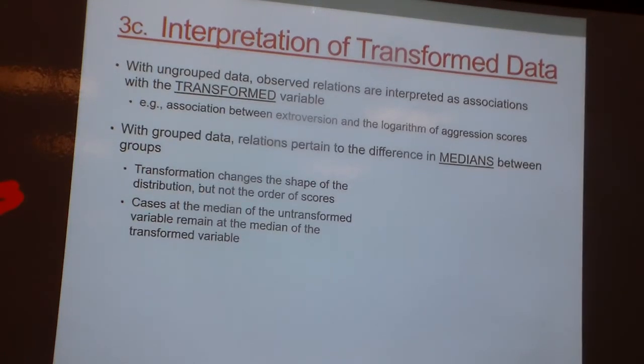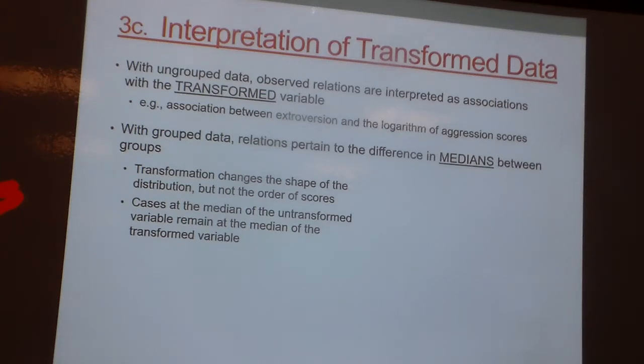Now, if we're looking at grouped data, we're talking about differences in medians between groups as opposed to differences in means, right? So we're running a means-based analysis, but when we transform our data, we're no longer working with means, we're working with medians, okay? What happens is our transform changes the shape of the distribution, but not the order of scores. So if I have a very skewed distribution and I run a natural log transform on it, it's going to change the shape of that distribution, because that's what the transform is supposed to do.